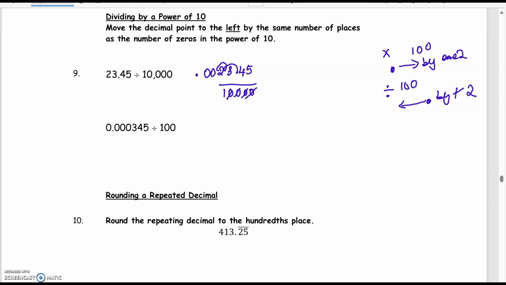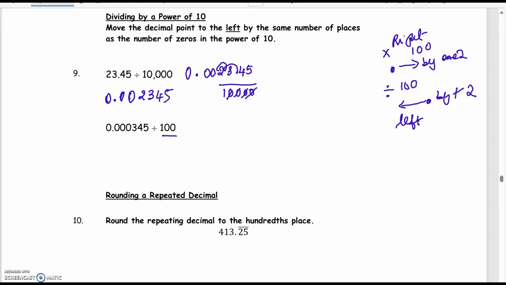Remember, we are shifting to the left because we are dividing. So left for division, right for multiplication. Just memorize these rules. It makes it a lot easier. So the answer is 0.00 and then the 2345.